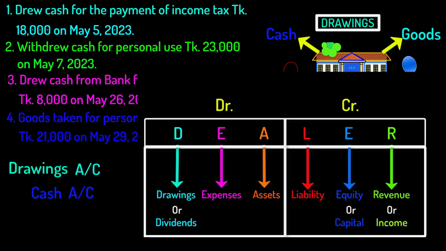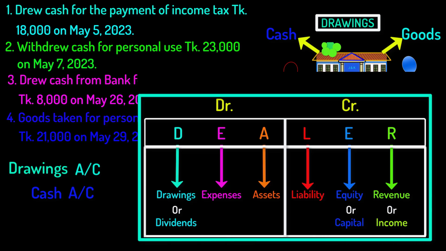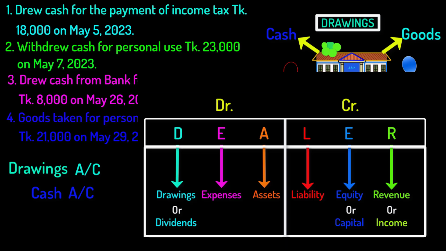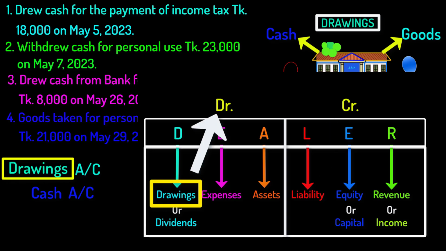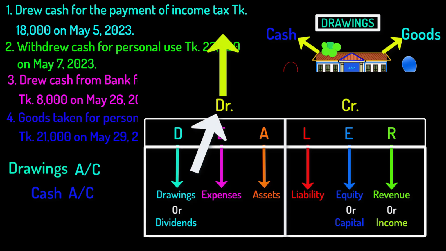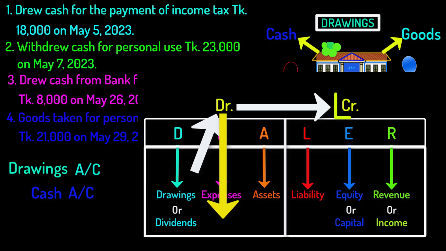account. Now you will have to use this dealer rule to find out whether this drawings account will be debit or credit, and whether this cash account will be debit or credit. See, drawings is a debit item. We know that if debit increases, it will remain debit, and if debit decreases, it will turn into credit.